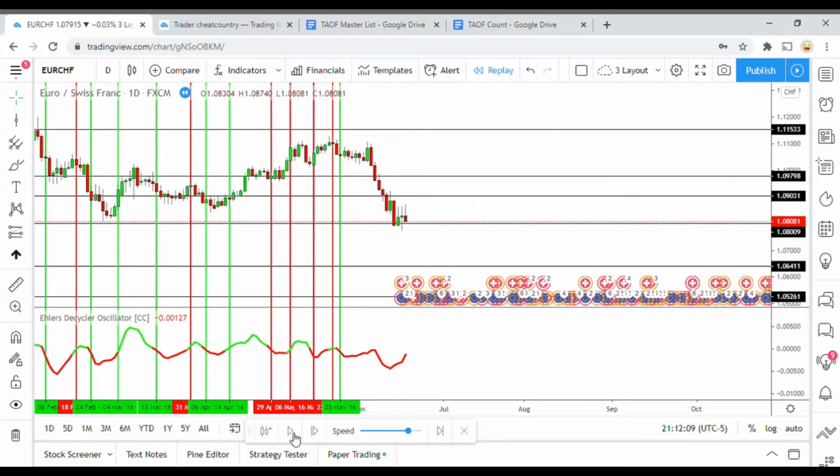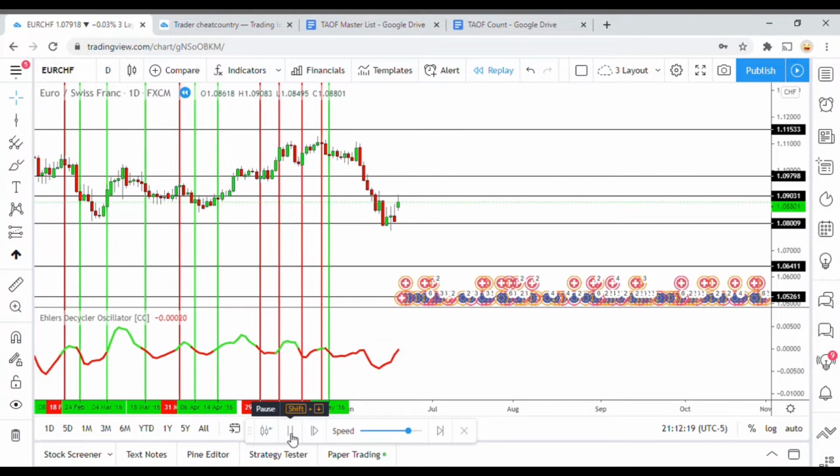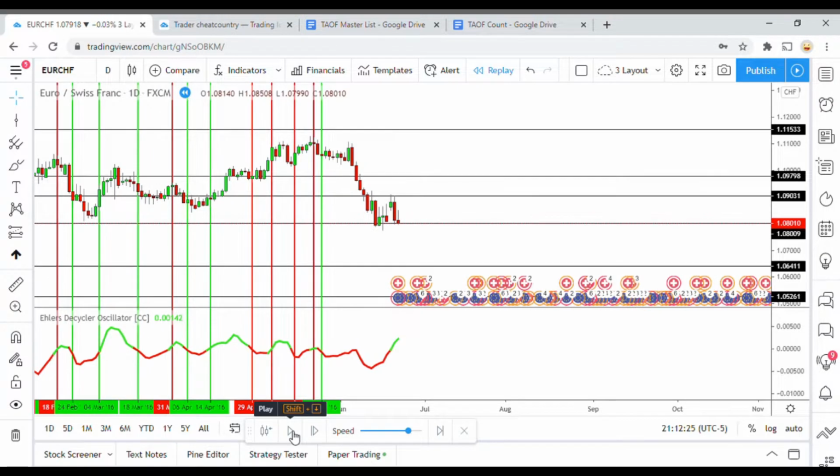All right, let's see what it's doing now. So it's pushed down here, and that's a pretty strong push. It hasn't had a lot of pullback from there, but you can definitely see that it's starting to stall right here in this area. Let's play it forward a little bit. Ooh, that was a decent gap up that they just pulled right there, and then usually they need to fill the gap.